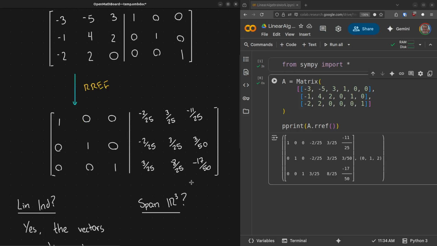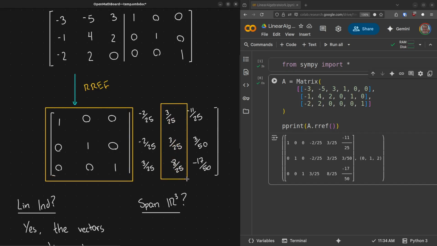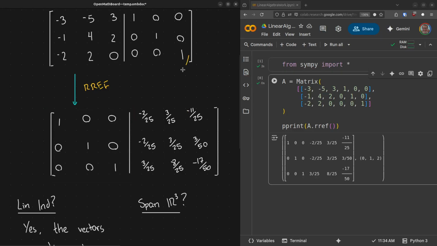Okay, now look at the next column for vector j. For vector j, I look at the coefficient matrix and I look at the second column in the augmented part. And again, I don't have any rows that suggest no solution. So vector j can be expressed as a linear combination of my original set of vectors. And same thing for vector k.